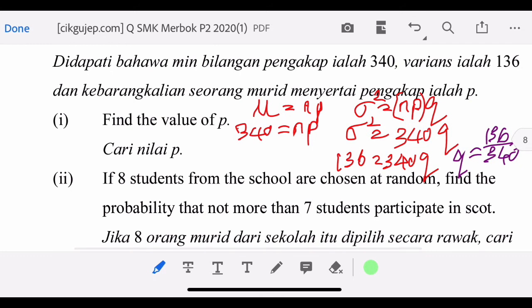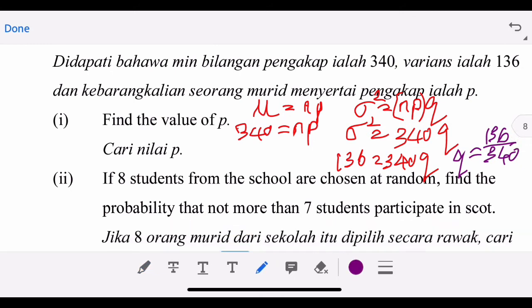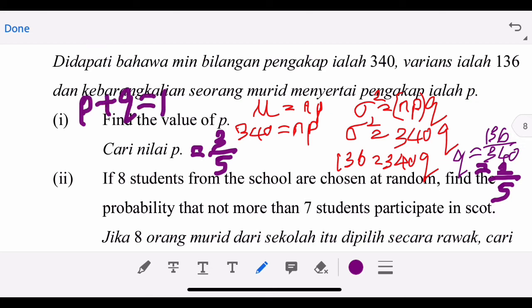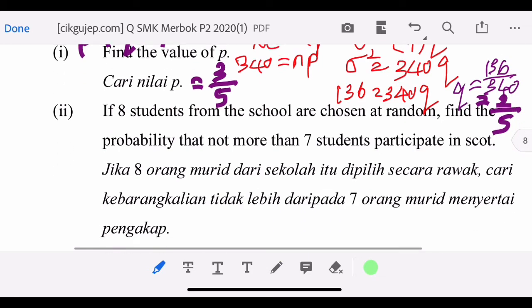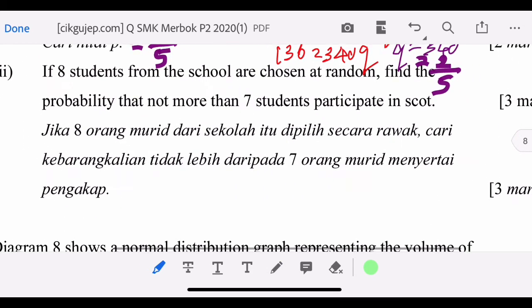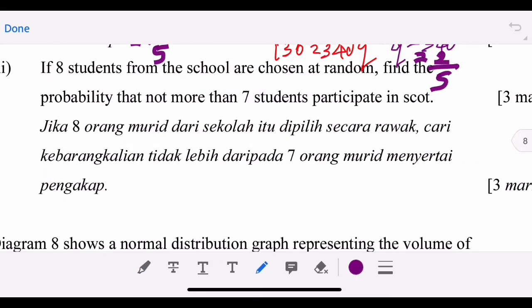So hence the Q, you will get the answer in terms of a fraction, right? You can press your calculator, 136 over 340 is 2 over 5, right? Then hence, because P plus Q is 1, so the P is actually 3 over 5 by using 1 minus 2 over 5. Okay, we have settled the P.